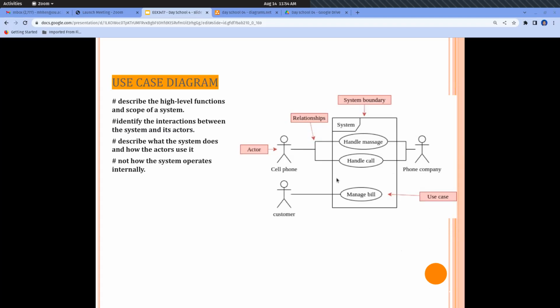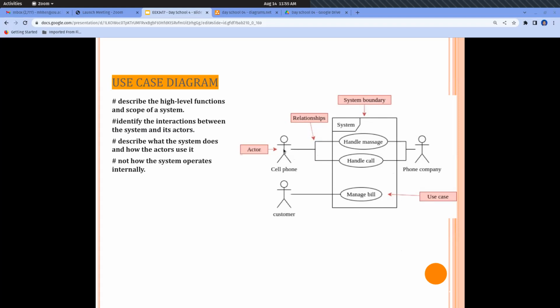According to this simple use case, only handle message, handle call, and manage bill are being done. This is the system boundary, and outside the system boundary, these actors are there. Actors mean roles.